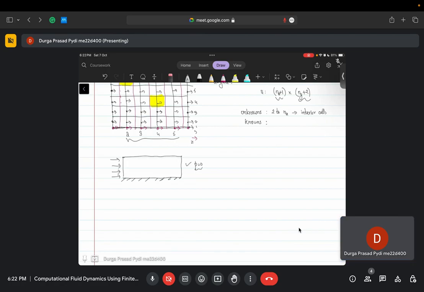And you tend to use infinity, at the last, at x equal to L. No, but in a boundary layer flow you will have a boundary layer like this, right? Yes, sir.